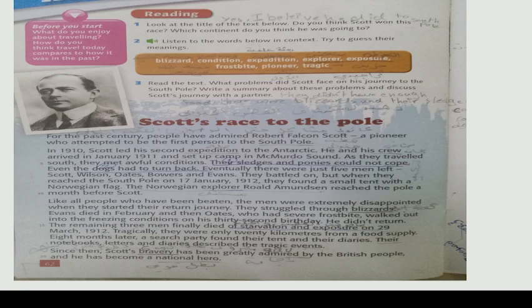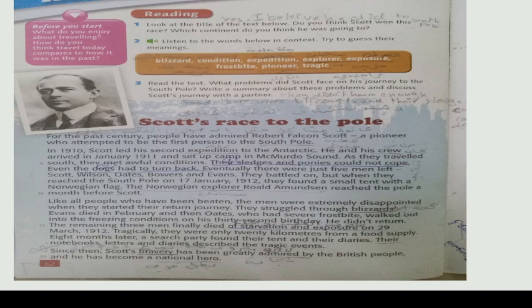From their diaries, found 8 months after the trip. Their notebooks, letters, and diaries described the tragic events that happened to them, in the notes they wrote inside their diaries.